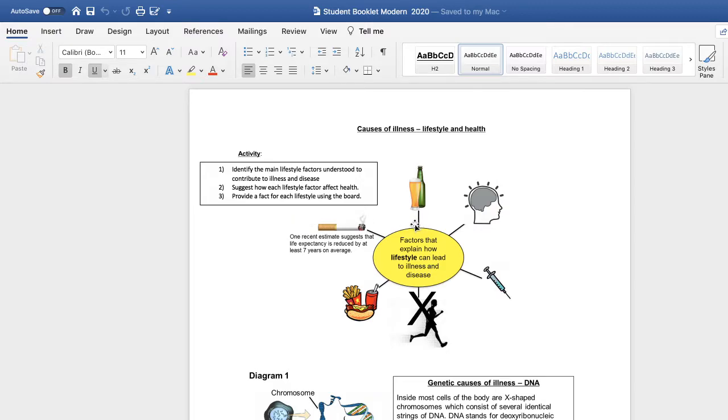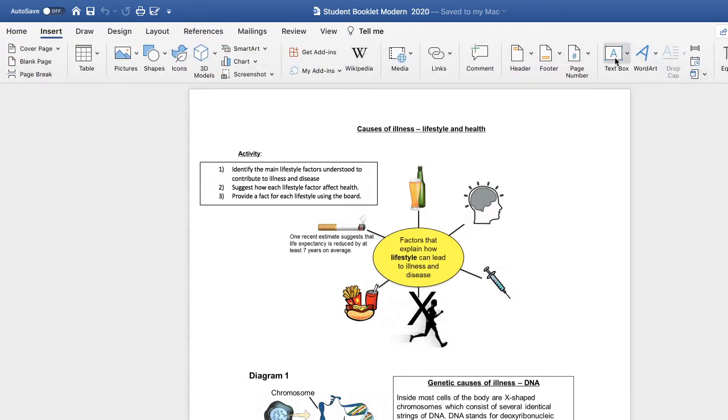That can affect health. Here's some beer, so we could write alcohol. This is fast food, so we could write obesity. I might actually just write this down.